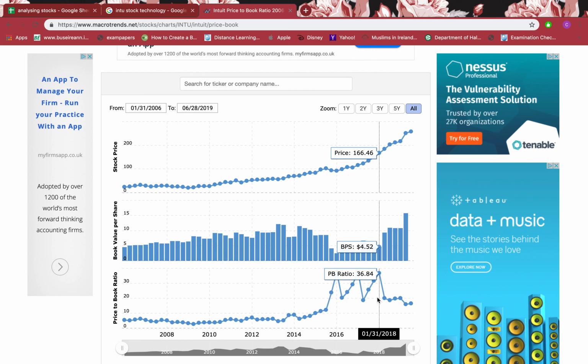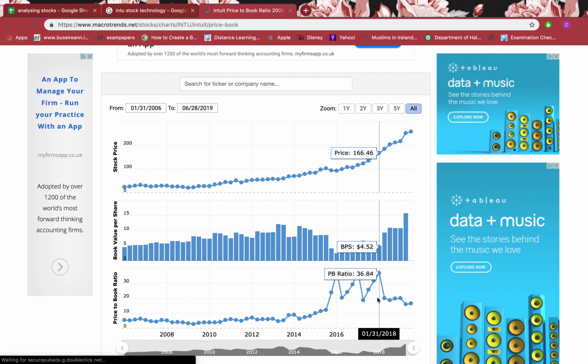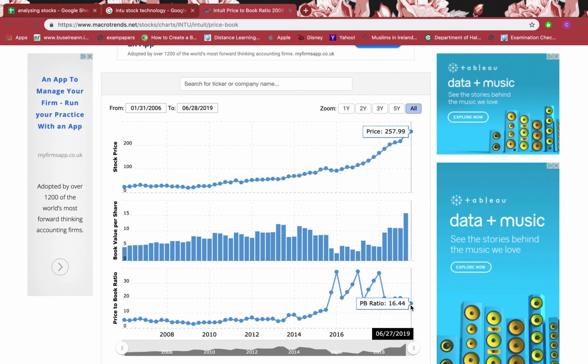Here, 36 times more you're paying for the same stock. So people who bought it in 2018 paid more. The stock was more expensive on 31st of January 2018 than it is now, at 16 times. It's the same stock, but the expense is more.